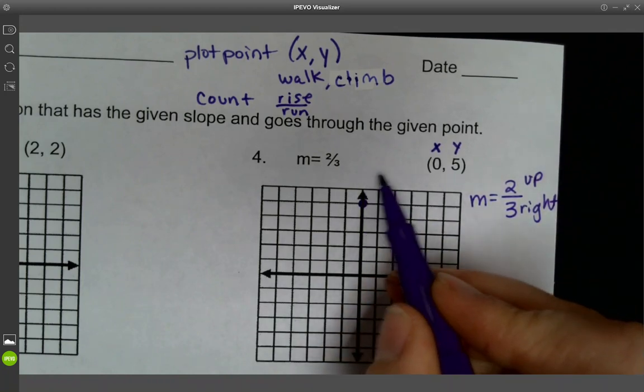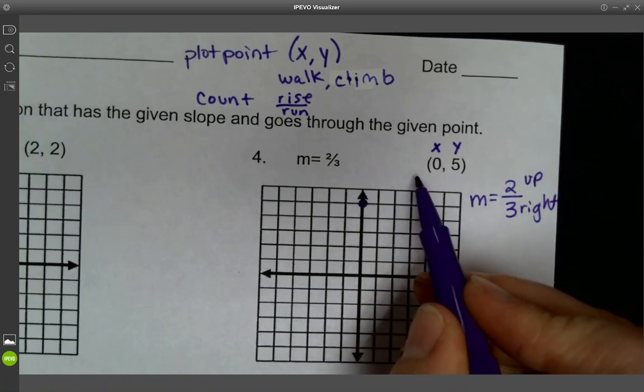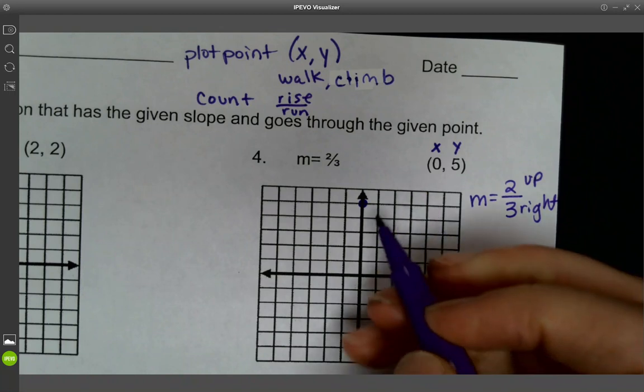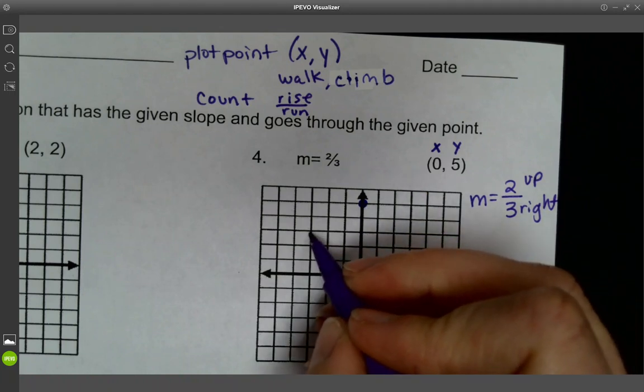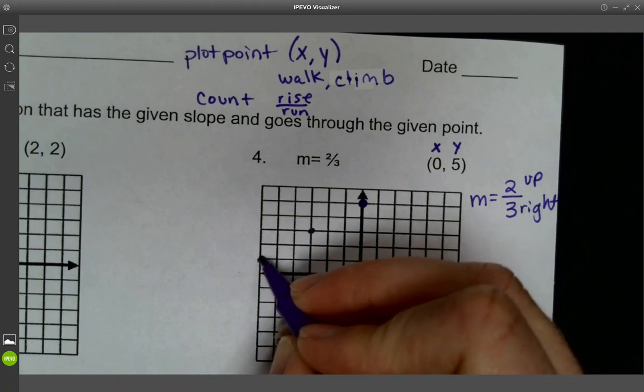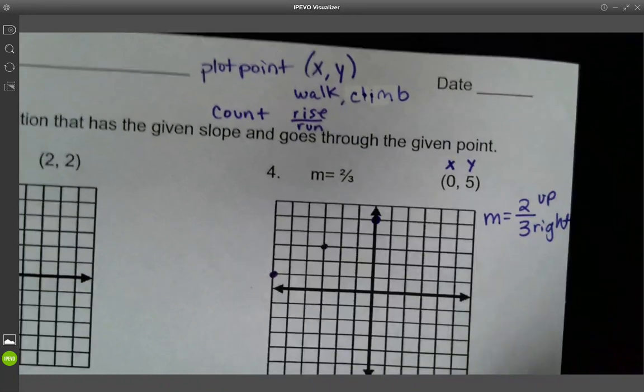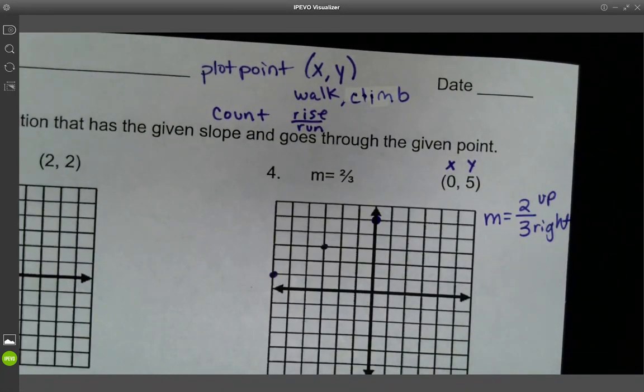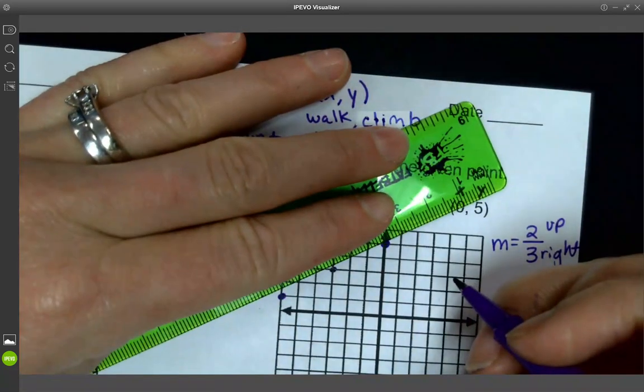But I can't go up 2, right 3. So what is the complete opposite of up and right? Down 2, left 3. Then do it again. Down 2, left 3. So we have 3 good points. So connect them to make a line.